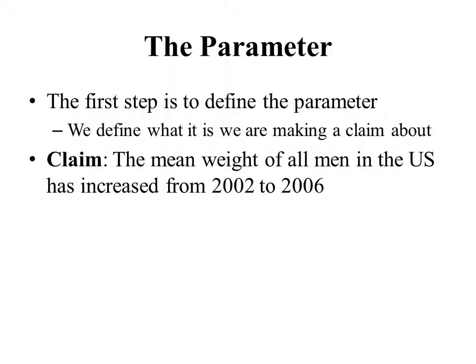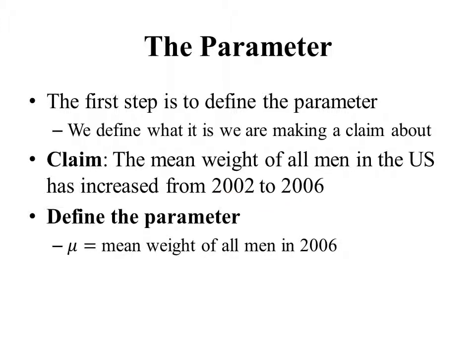But in this particular example, the claim is that the mean weight of all men in the United States has increased from the year 2002 to 2006. So in other words, we're making a claim about the mean weight of all men in the year 2006. So that's our parameter. We're going to denote it mu. Remember, mu always denotes a population mean. And so that's our parameter.